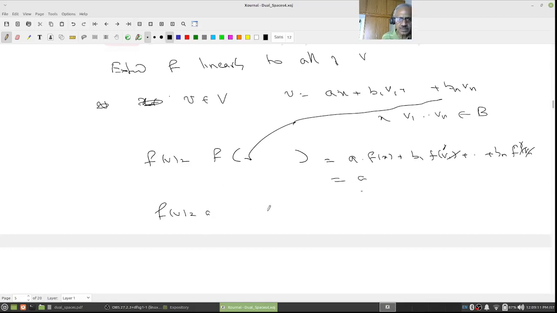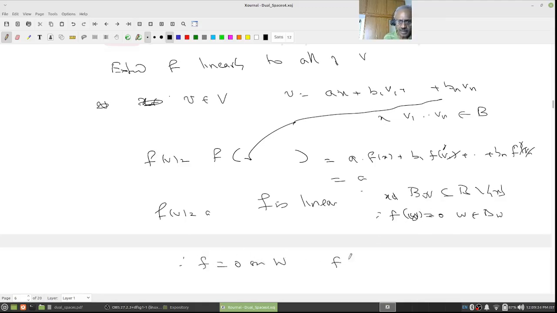Okay, so this f is linear, and so remember, x is not in B_W, therefore B_W is contained in B minus x. Therefore f of w is 0 if w is in B_W. Therefore f is 0 on W, and f of x is 1 by construction.